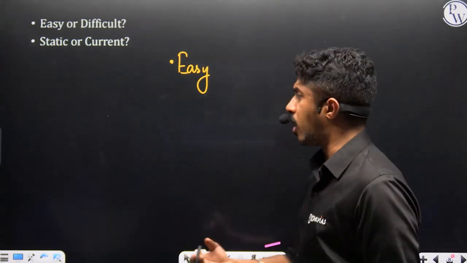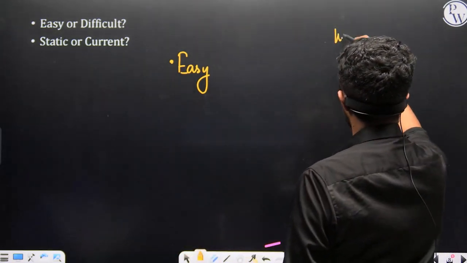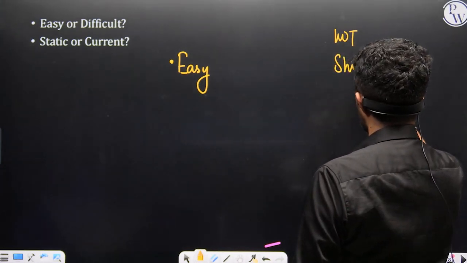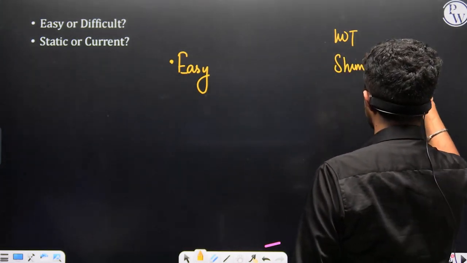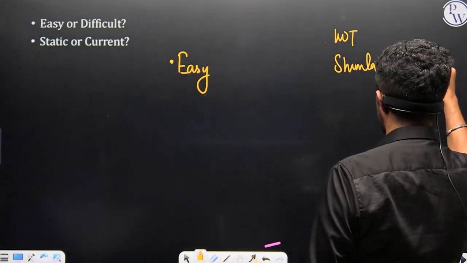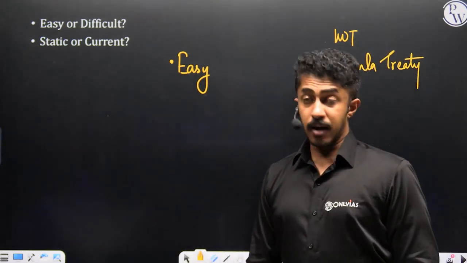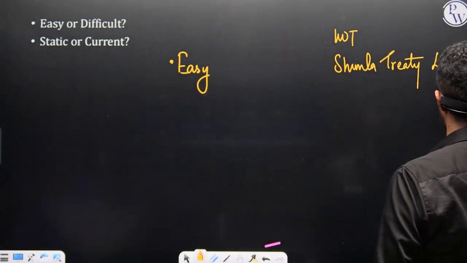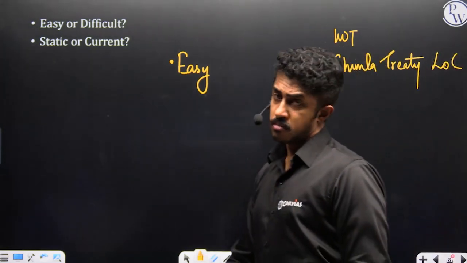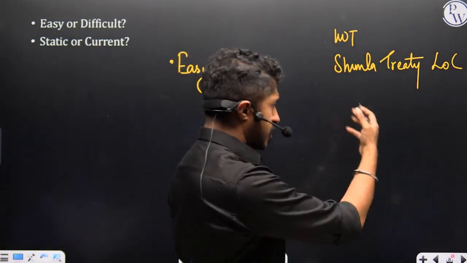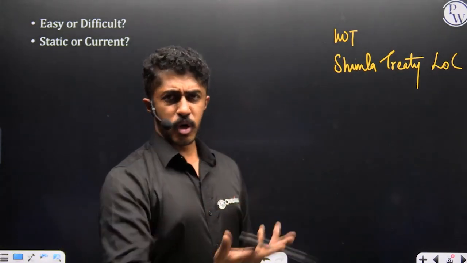Like I told you already, now this year, they can ask questions with regard to Indus Water Treaty. They can ask questions with regard to, now if Shimla Treaty is suspended, how will it affect India? Or the question of resolving the LOC or outstanding issues of Kashmir between India and Pakistan. That can come as a question. Getting the point here? So we can predict things, or Operation Sindoor, the drones we had to use in it.